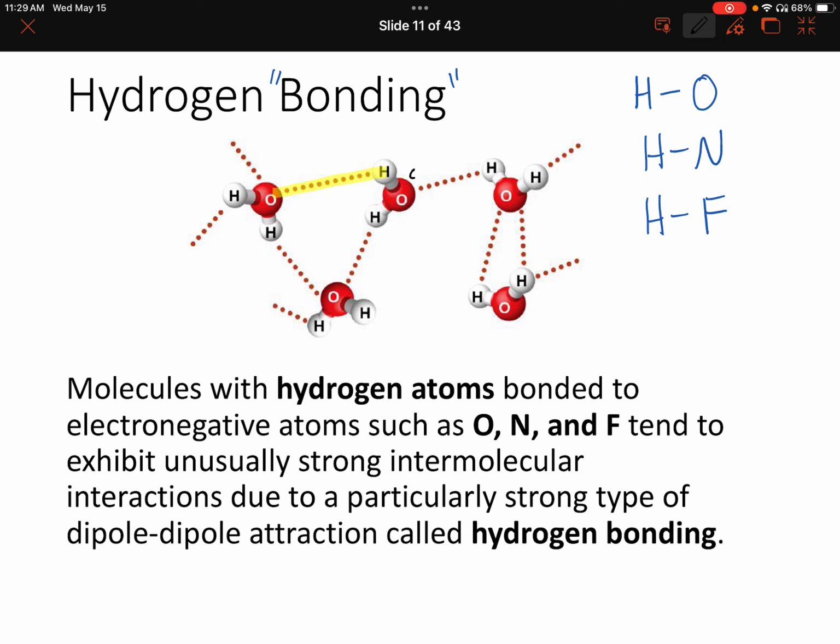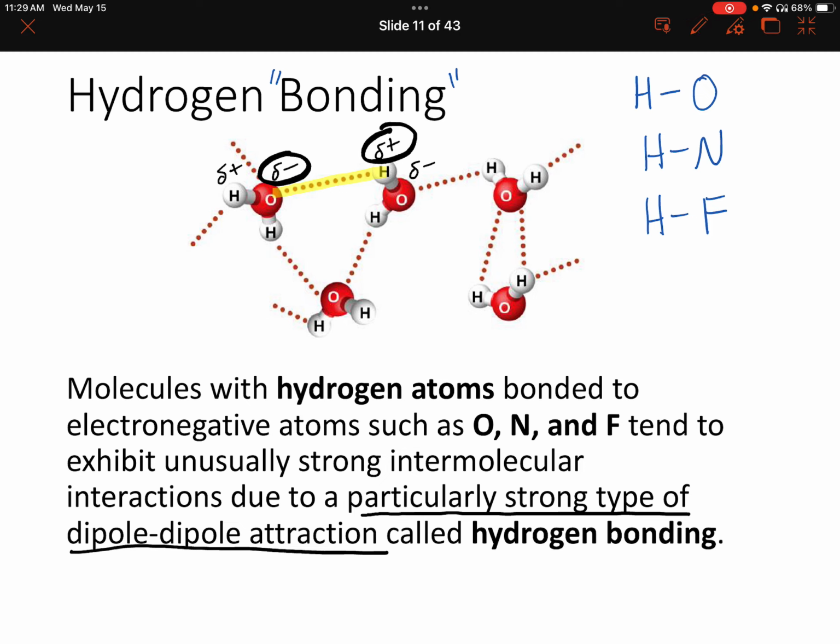So oxygen has a partial negative charge, hydrogen has a partial positive charge. And that's going to be true for each water molecule. So the partially positive hydrogen is attracted to the partially negative oxygen on another molecule. So again, hydrogen bonding is just a particularly strong type of dipole-dipole attraction.